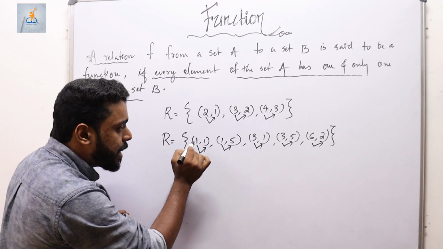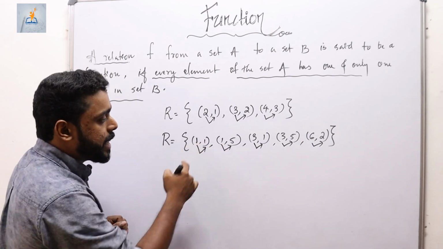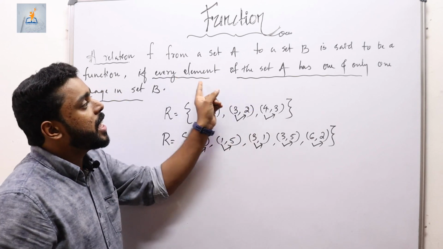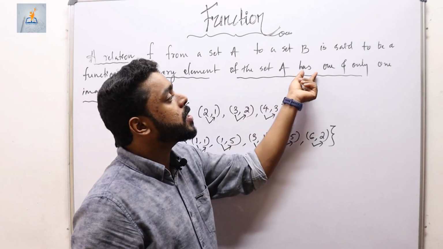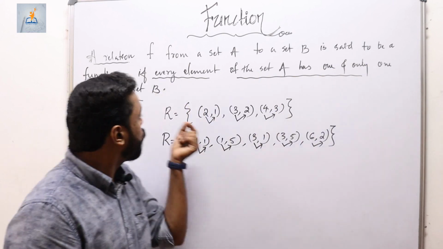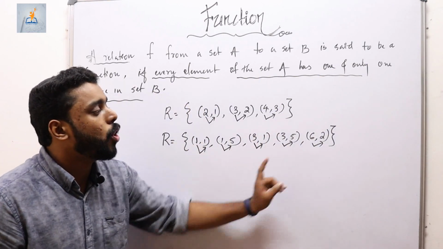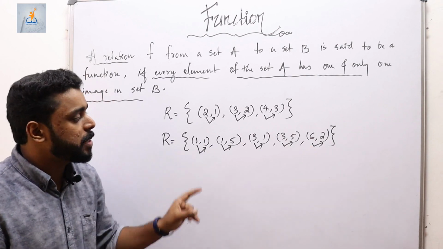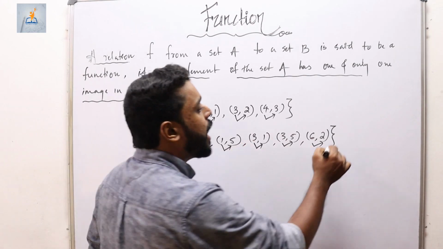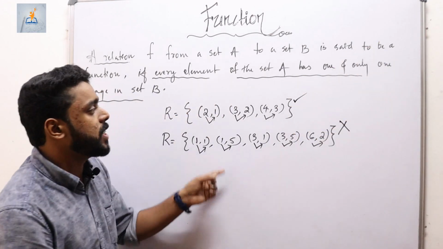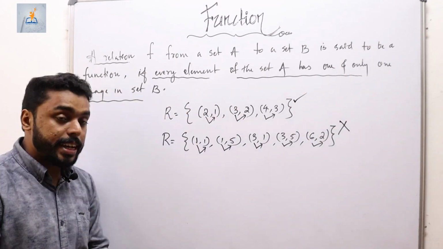You can see that 1 got 2 images, 1 and 5. This denies our definition that every element of the set A has one and only one image in the set B. Here 1 got 2 images, 3 got 2 images, 6 got only one image, but already our definition is denied, and this is not a function, whereas the previous one can be a function since our definition is satisfied there.